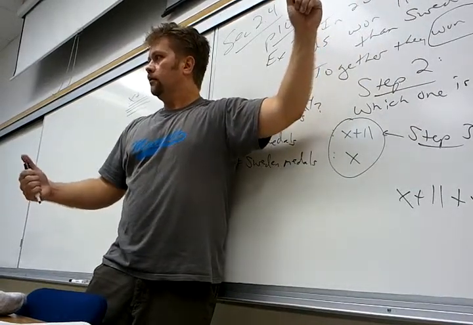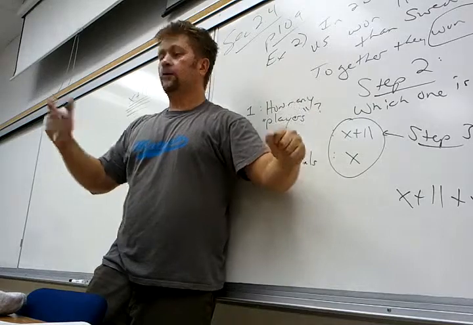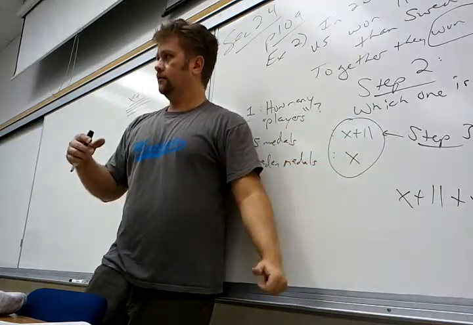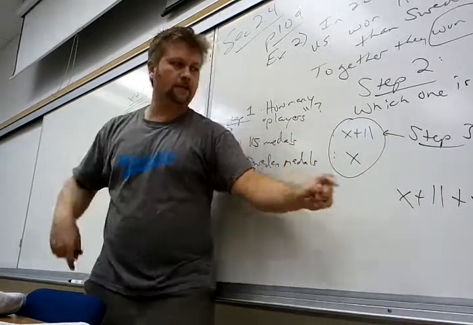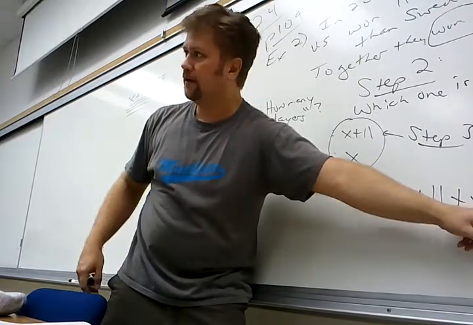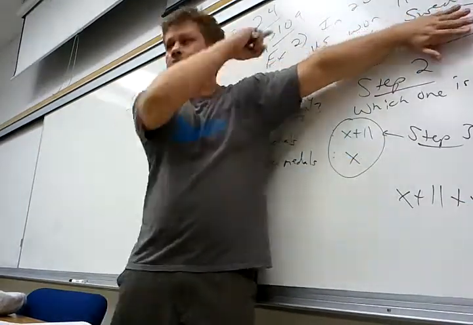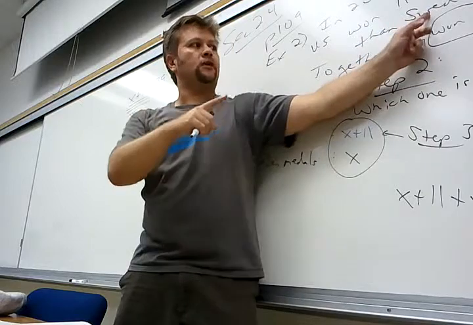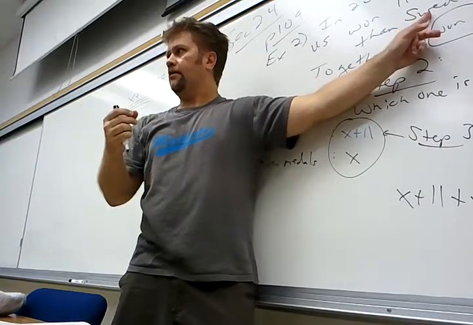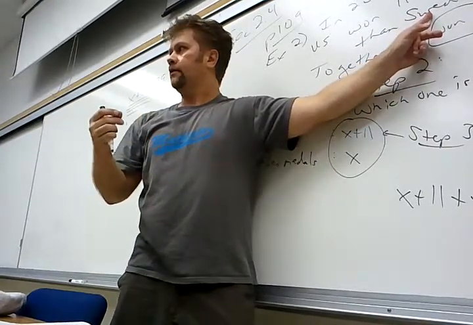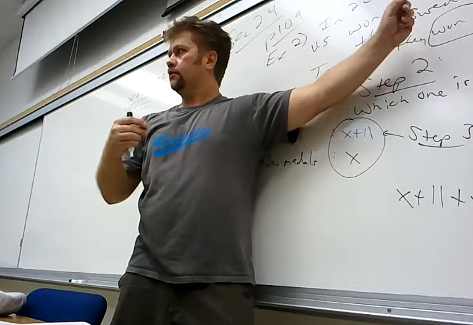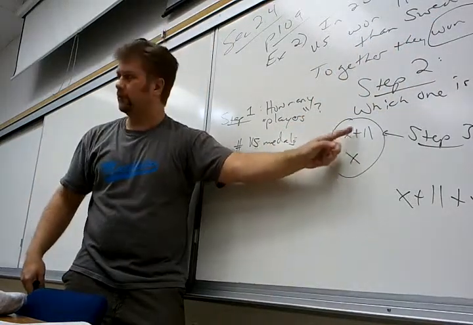So if X were 7, it'd be 7 plus 11. I'm not saying it makes the right number 39. I'm just saying, based on that first sentence, if the Swedish medals were 7, how many would the US have? 7 plus 11, right? I was saying that just to make sure you understood how to build this.